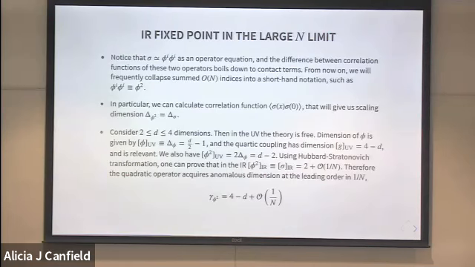Yes, sorry, I should have made this point. D is equal to 3, you can solve it. You tell us, I work in 3 dimensions. Well, that's not quite true. Let me comment on that.